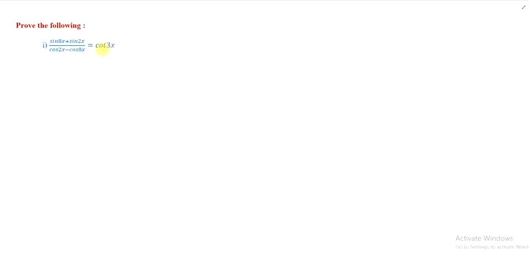How to solve it? First, let us consider, not cot 3x here, there is another value. This one is also wrong. I can rewrite it.